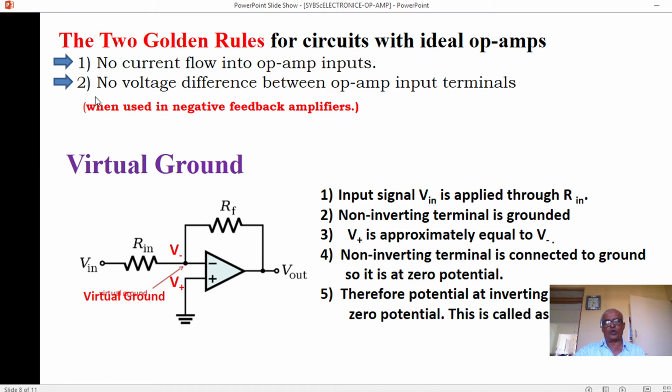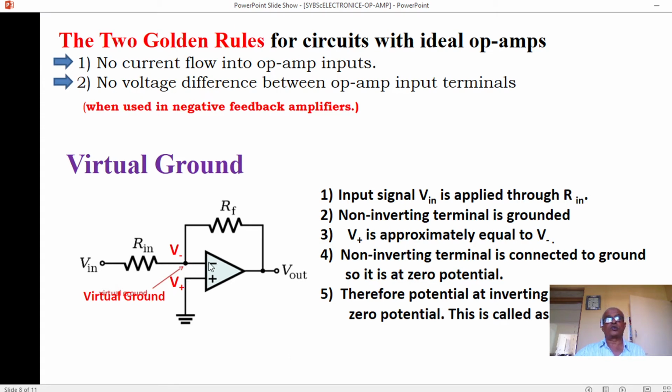Number 2: no voltage difference between the op-amp input terminals. Which are the two input terminals? One is the inverting and the other is the non-inverting terminal. As shown in the diagram, the motion of the cursor shows which two points we are considering, the points V minus and V plus.